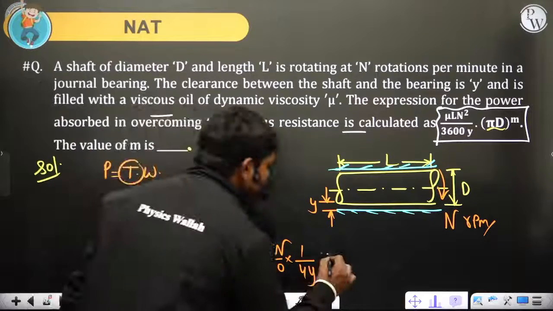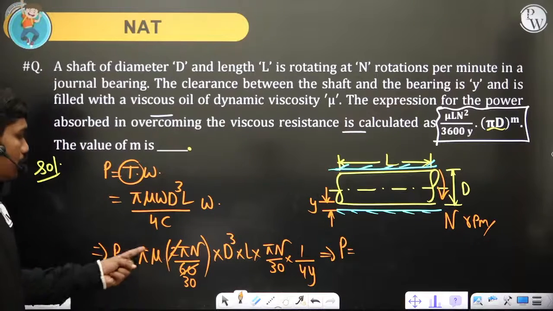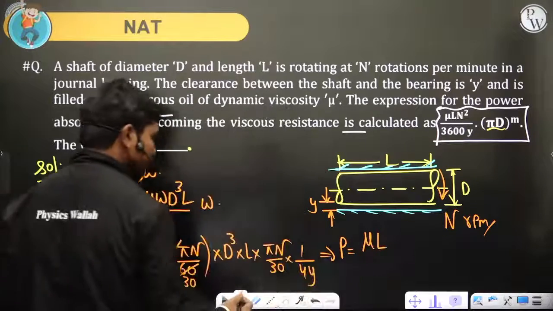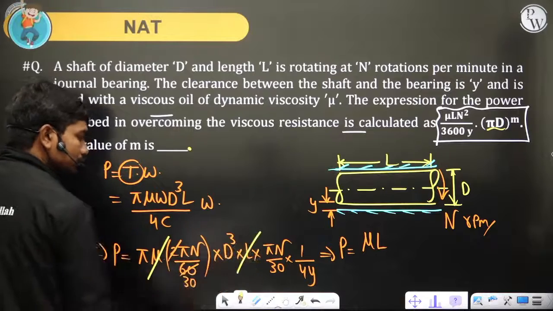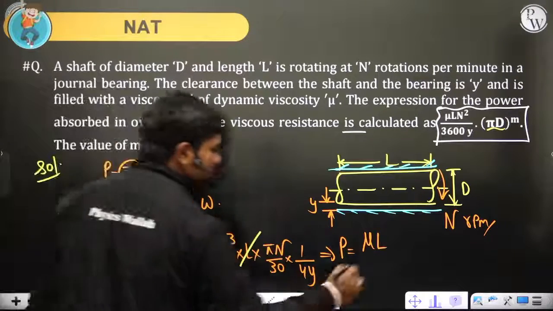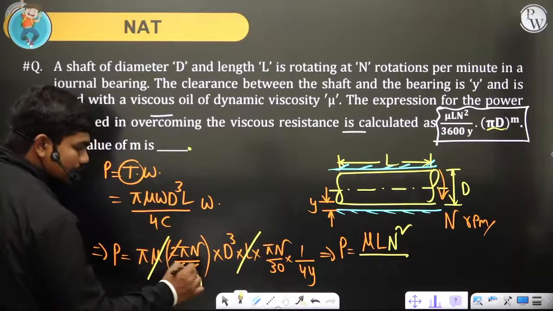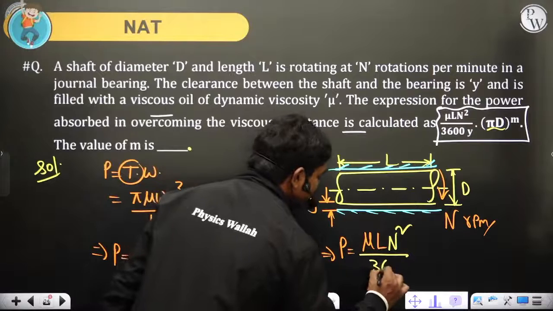So P is equal to, first of all, if you see mu, there is only one dynamic viscosity, there is only one L. So mu we have taken, L we have taken, then n is here and also here. So n square divided by, now if you check these constants, 30 into 30, 900, 900 into 4, 3600.